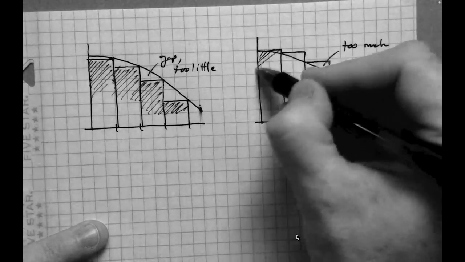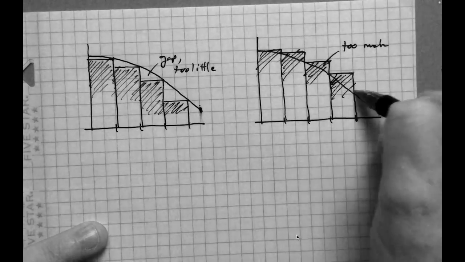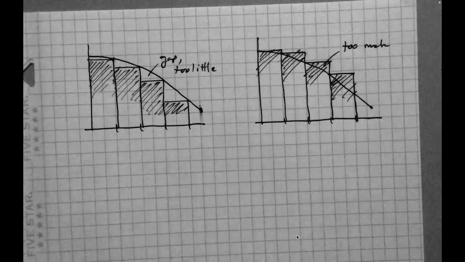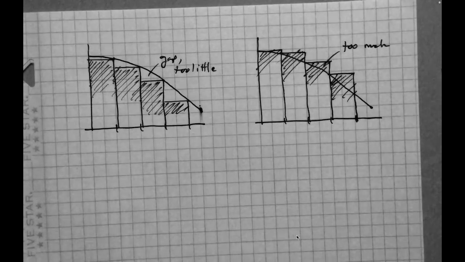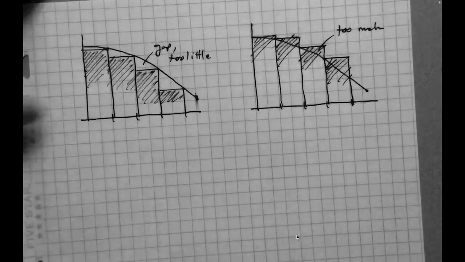Okay, so which way is the right way? Well, as we'll see, these both are appropriate. So let's put some numbers on here. 1, 2, 3, 4. Actually, I'm going to draw a new picture.